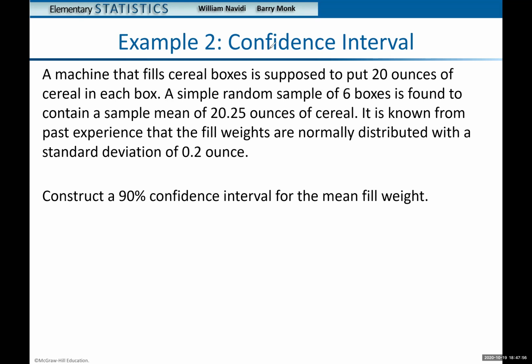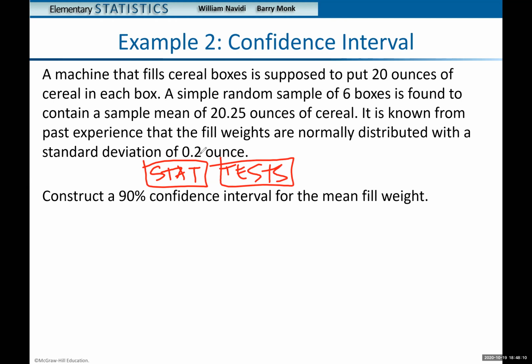When you use your graphing calculator, press stat, then test, and since our critical value is z, we're looking for a z interval here.